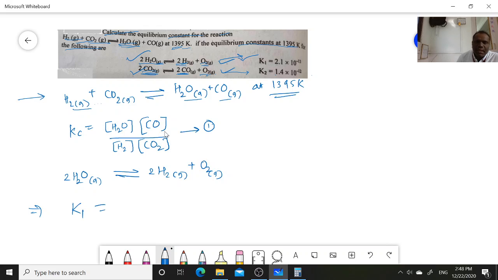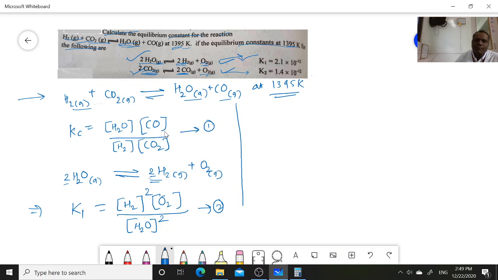K1 is equal to the concentration of H2 squared, since there is a multiplier 2, multiplied by O2, divided by the concentration of H2O raised to the power 2. Suppose this is equation number 2.